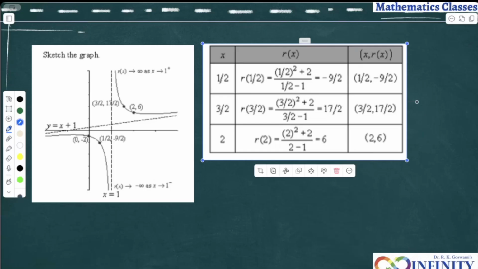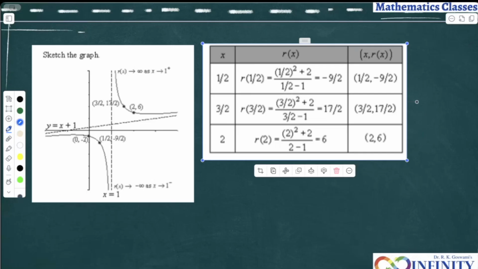Now you are ready with the questions given to you in your assignment. Let me go there and try to get them. Give me a second. Where is the file?